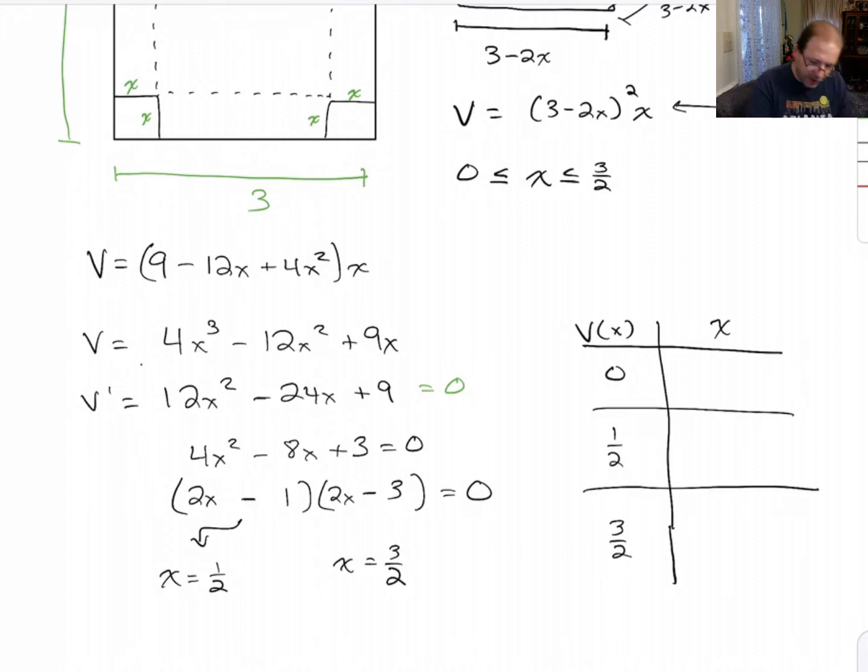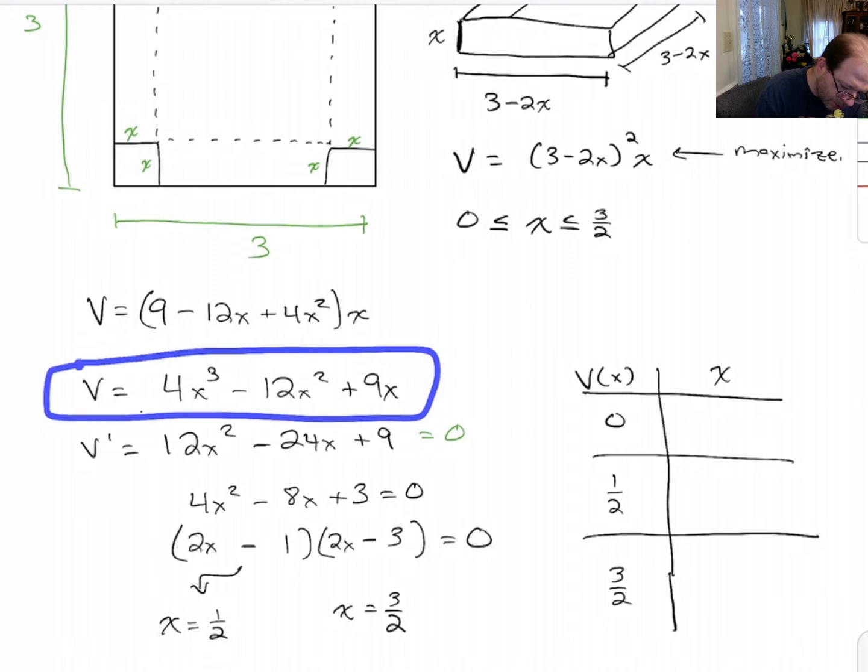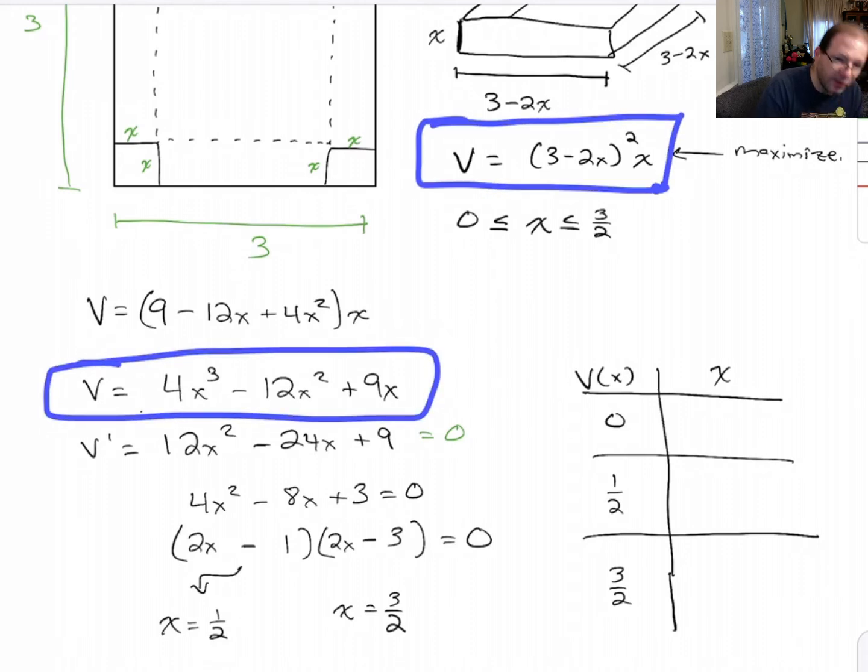Two of these are really easy to work out. If v is 0, now keep in mind, you can plug into here for v, or you can plug into here for v, either one. And this one up here is going to be easier to deal with because you plug 0 in, you're just going to get 0.